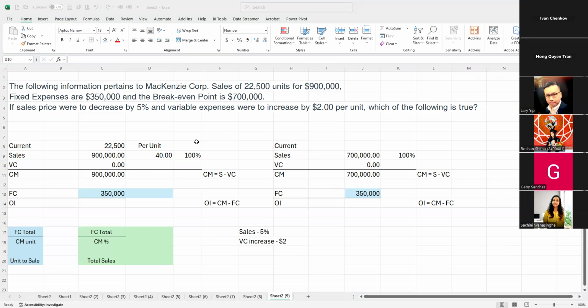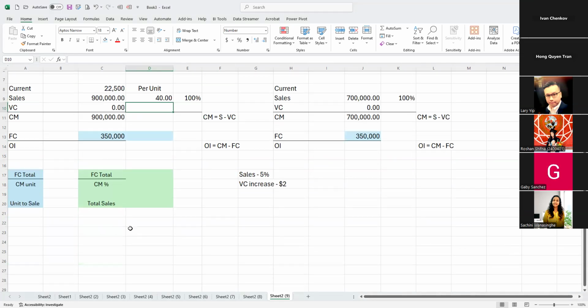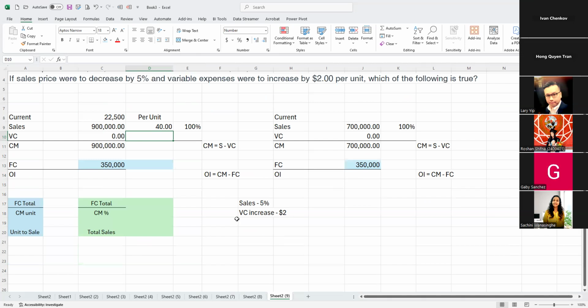So what will be the new selling price? If it drops by 5%, what's the price per unit? Sales price per unit, how much will be the new selling price? 40 times 1 minus 5%, correct?